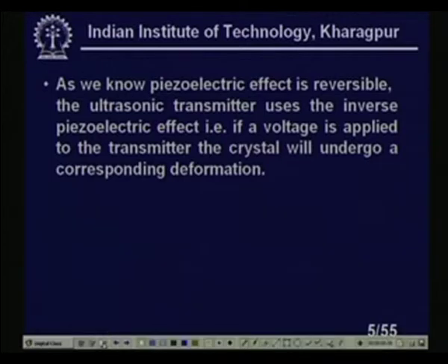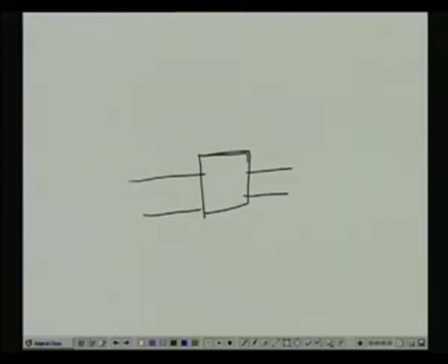So, how can I utilize this? Let us look at it. I have a crystal here, and another crystal here. I have applied the voltage. Obviously, I will get mechanical vibrations on this side. If I apply a high frequency AC here, I will get a vibration on this side.